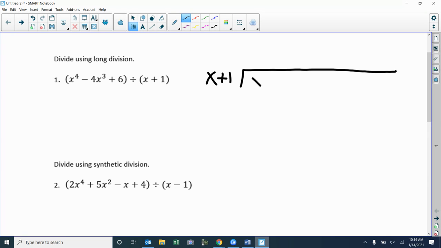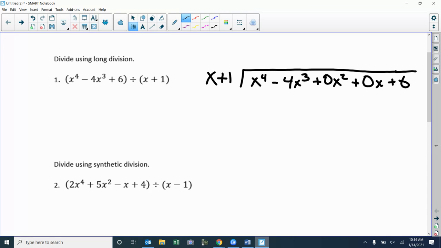That would be x to the 4th. Then we have minus 4x cubed. We're missing the x squared, so make sure you put 0 x squared. We're missing the x term, so we're gonna need another 0 x. And then we have plus 6 to finish up.